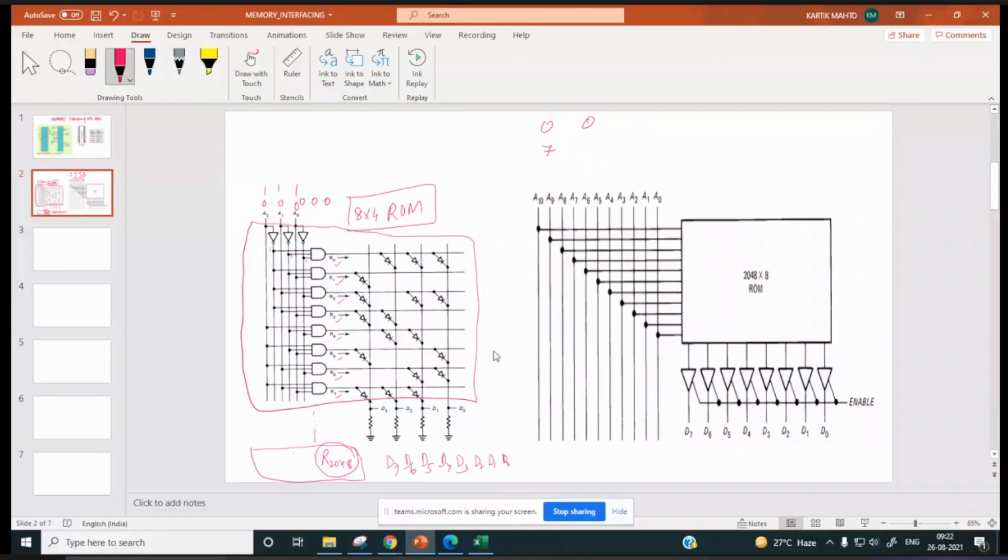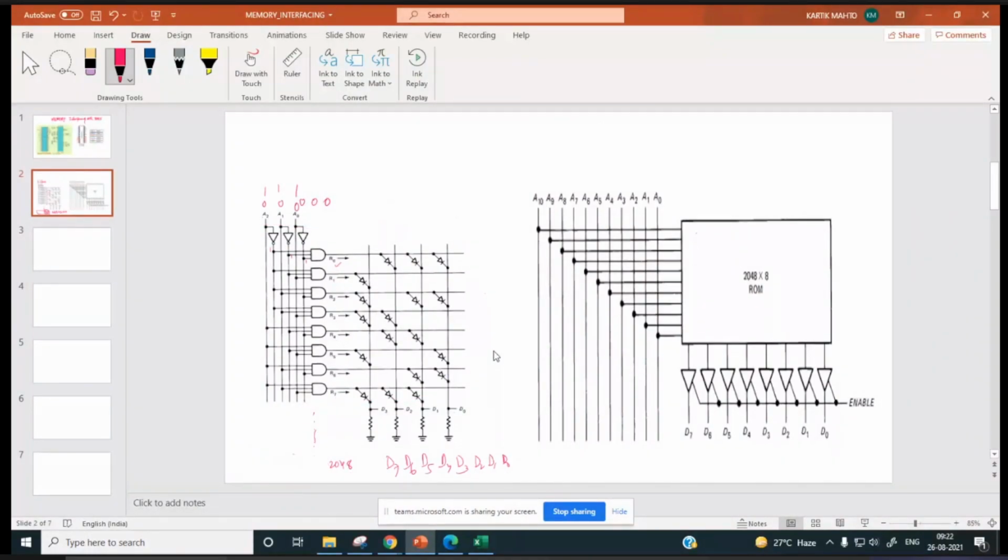Next, in each location we have 8-bit data. Right. So you can see here, first of all, you will send the address via this address pin. Then a typical memory location here R0, R1, R2, R3, R4, R5, R6, R7, similarly up to R2048.